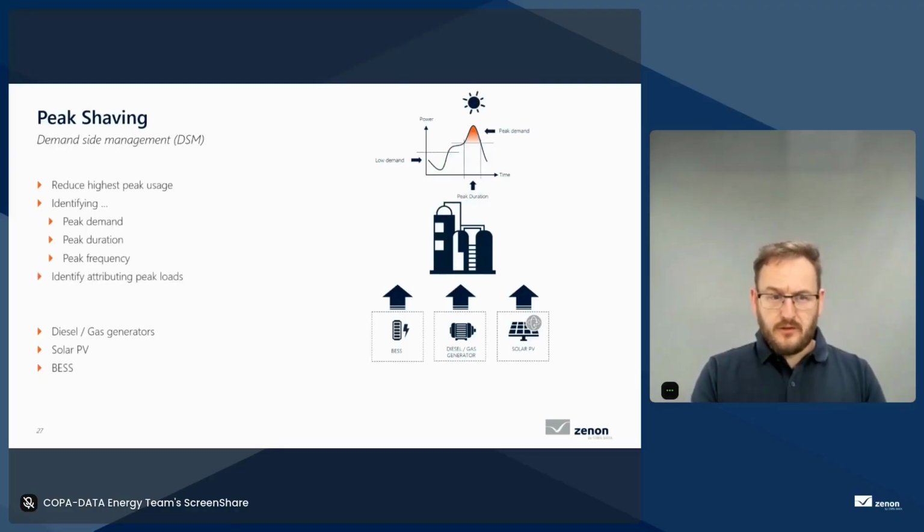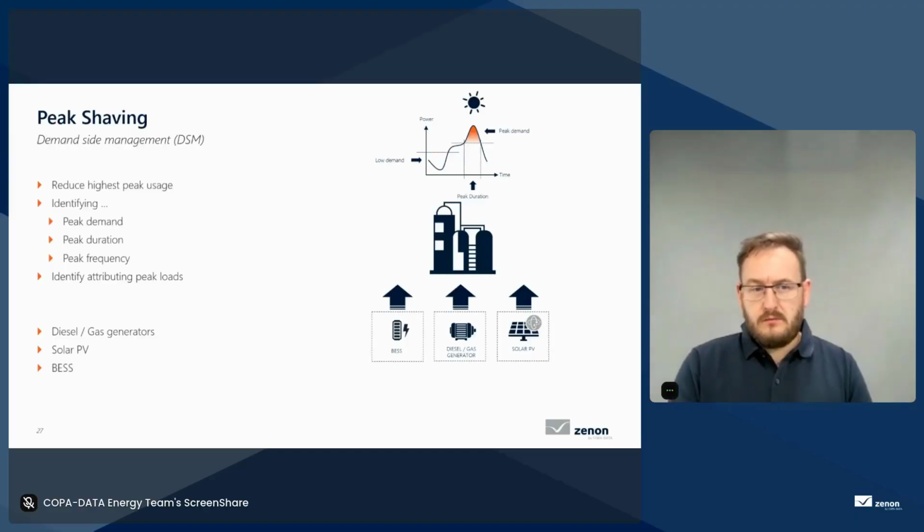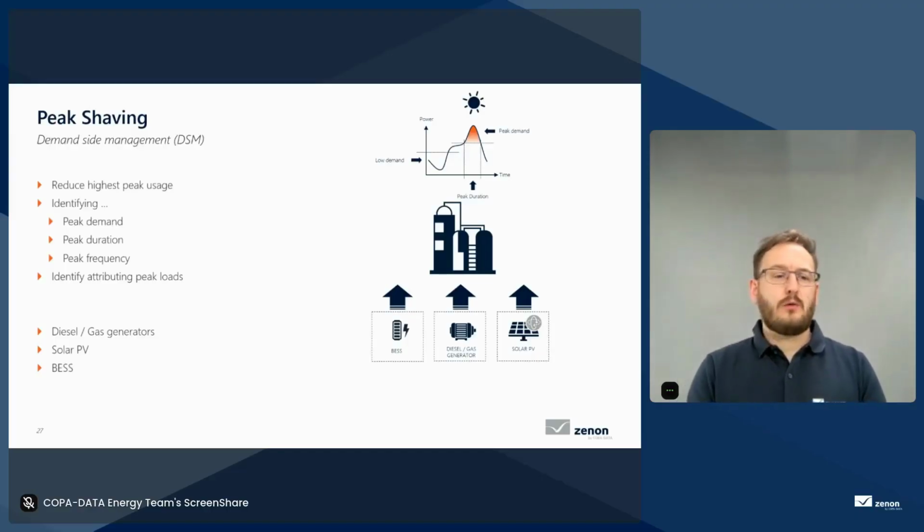But also, let's identify our attributing peak loads. What is causing my peak loads in this scenario? Here we have an example where my peak loads could be occurring at midday, whatever my loads might be.